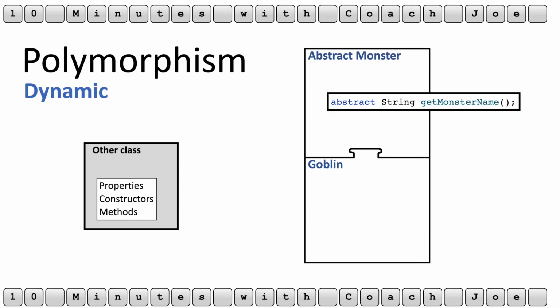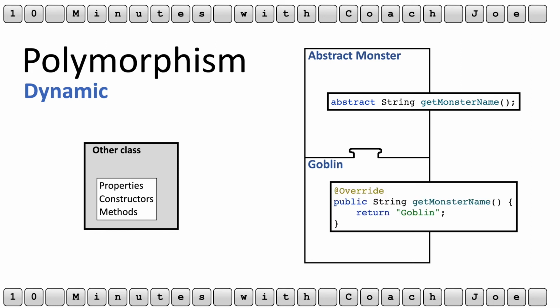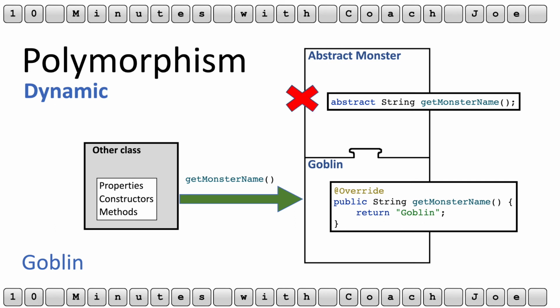With an abstract class that has an abstract method like getMonsterName, remember the abstract method in the abstract class contains no code block. The child must implement the abstract method. So now if an object calls the child object and requests the getMonsterName method, the value goblin is returned from the child class. The child overrides the abstract class.